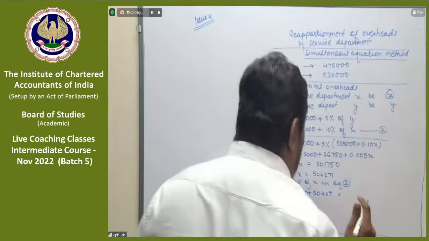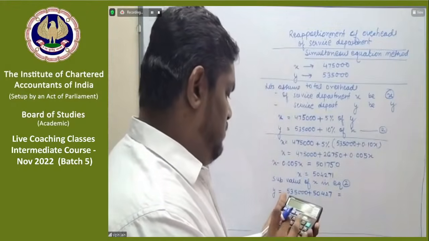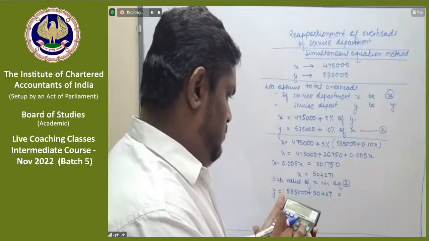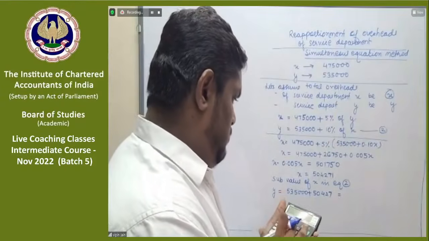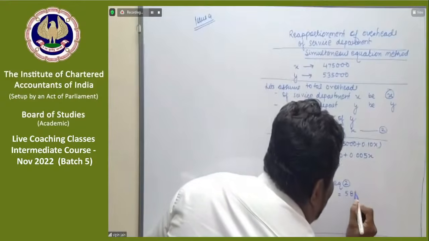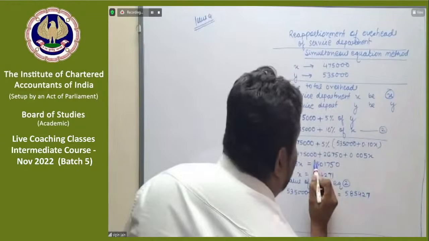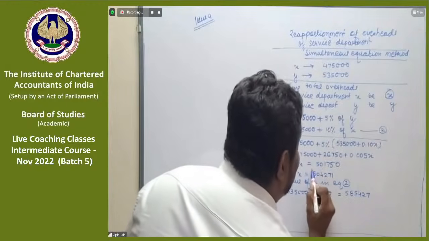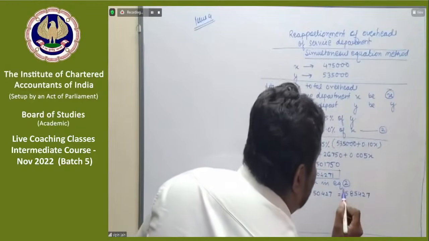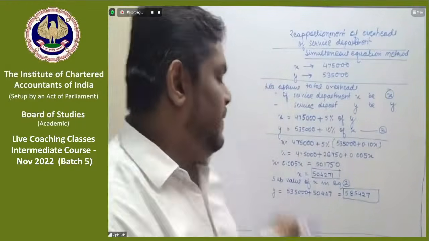So this will be the value of y, $585,427. So now we have got the total overheads of x that is to be distributed to the various production departments, and the total overheads of y that is to be distributed to the production departments.